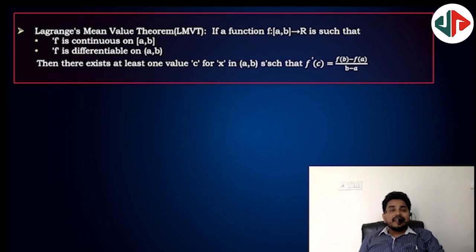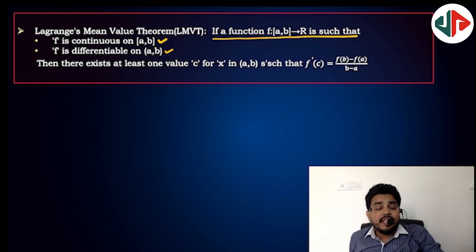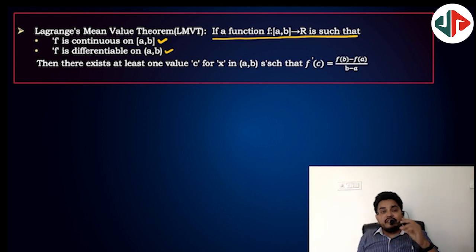Next one is the Lagrange's mean value theorem. Its improvisation of the Rolle's theorem is the Lagrange's mean value theorem. In the Lagrange's mean value theorem, f of x is defined in the same interval, but the only thing is continuous and differentiable. In the Rolle's theorem we have f of a is equal to f of b, but here we are not taking that condition.